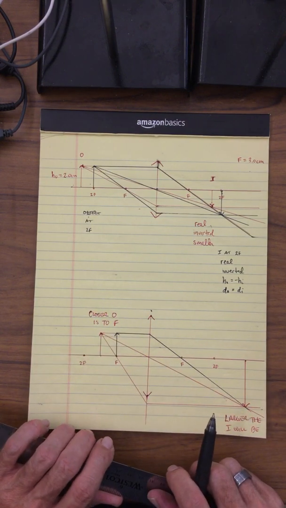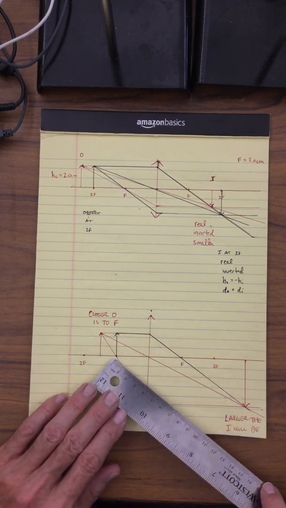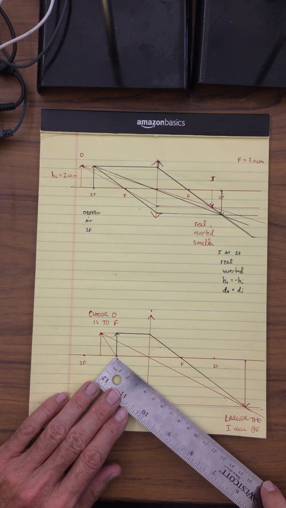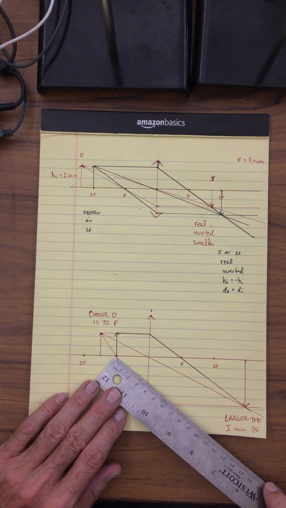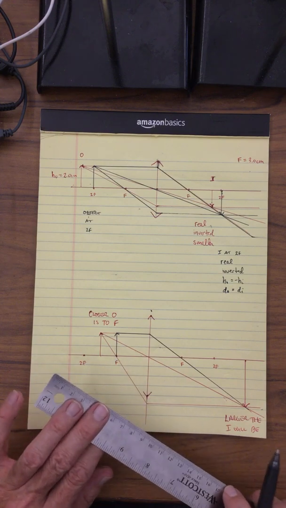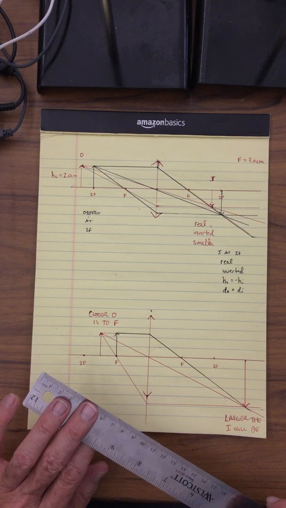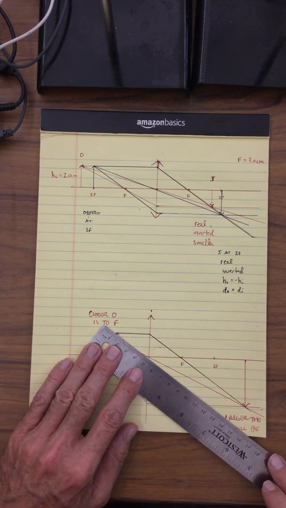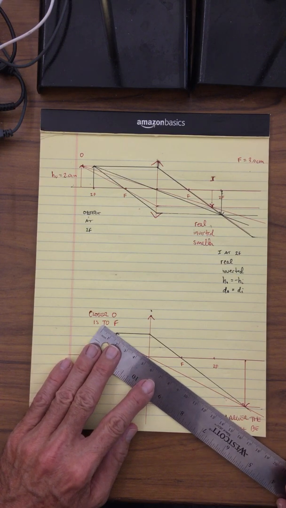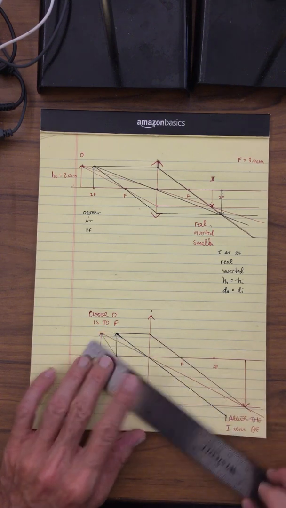The second rule states that rays that come in through the focal point, but I can't come through the focal point on this side because the object is at the focal point. So we have to rely upon the third rule, which is rays that go through the center continue on straight.